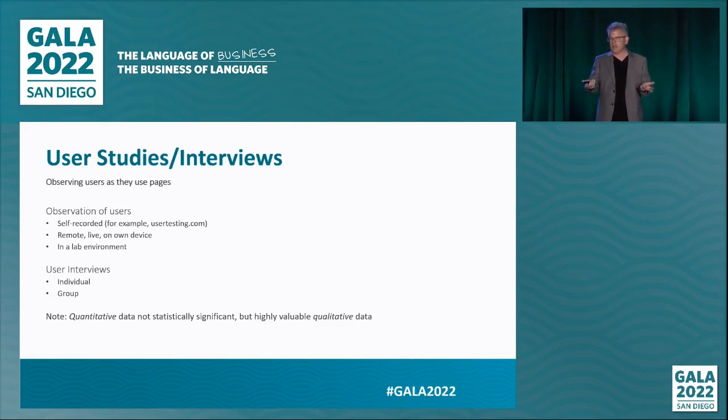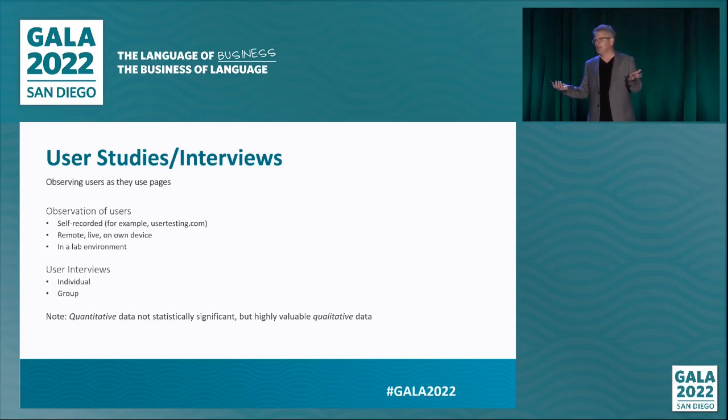Yeah, and you can do that with an individual, or you can do that with a whole group of users. And as I said, if you have a group of 5 users that you ask a particular question and go through a certain flow, that's not statistically significant. Even if they all tell you that they hate your web page, you should verify that in a different way.